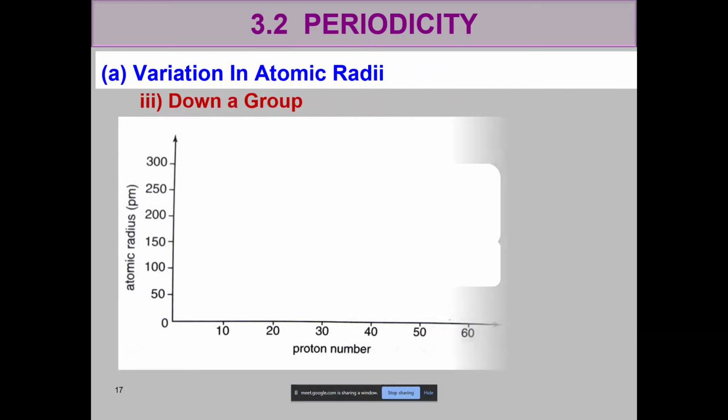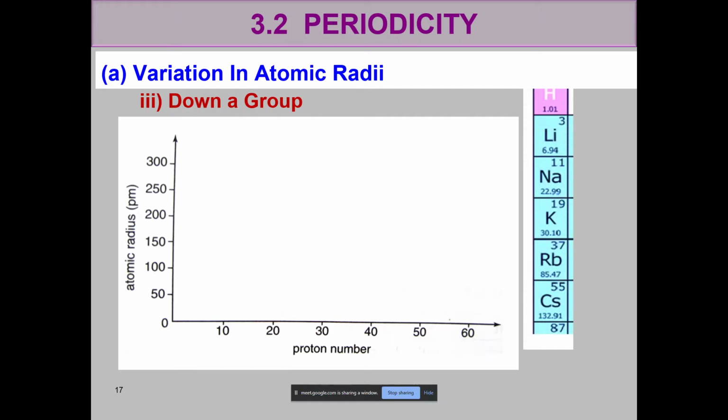Okay, now let's see down the group. Okay, menurun ke bawah. Okay, kalau down the group, you guys tengok, it is anything yang the atomic radii. Okay, down the group, tak kisahlah group mana. Kita tengok, what is the trend?